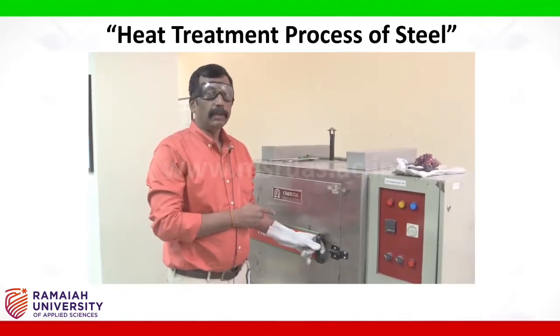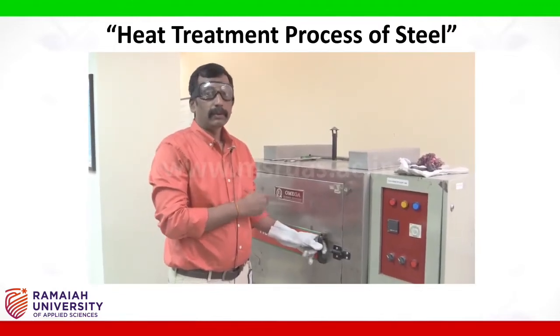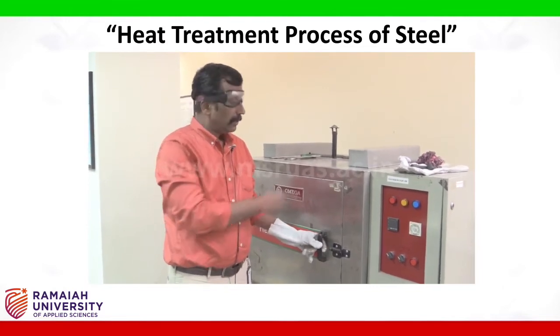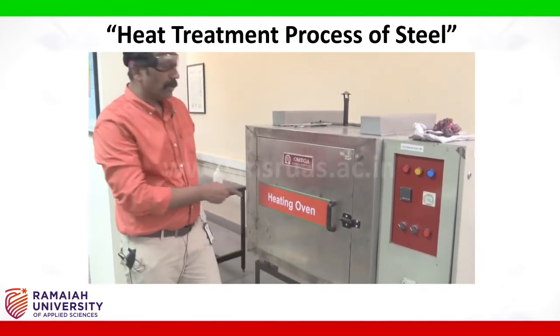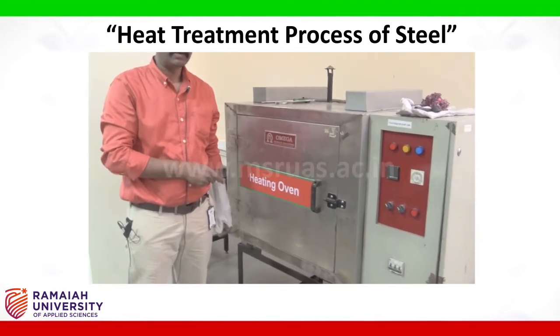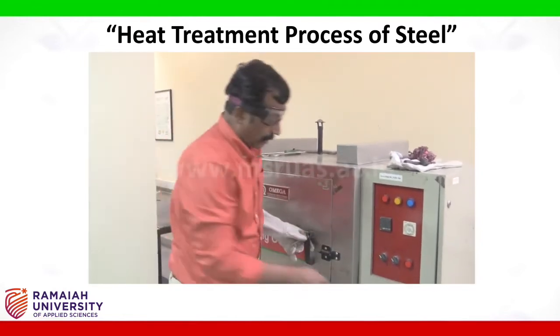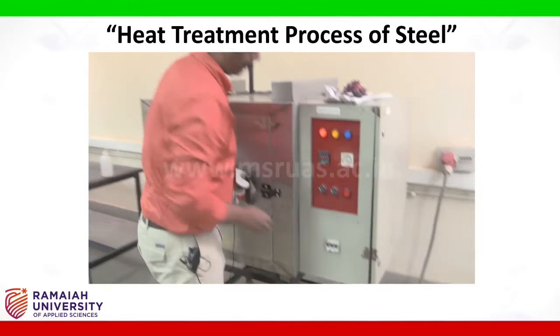Now I will take the help of an oven to reheat the sample after cleaning. This is a heating oven which can be heated up to 400 degrees centigrade. I'll switch on the power.